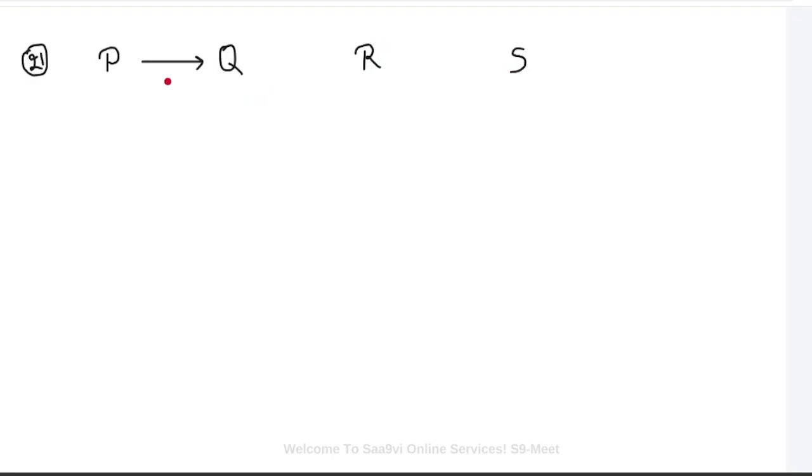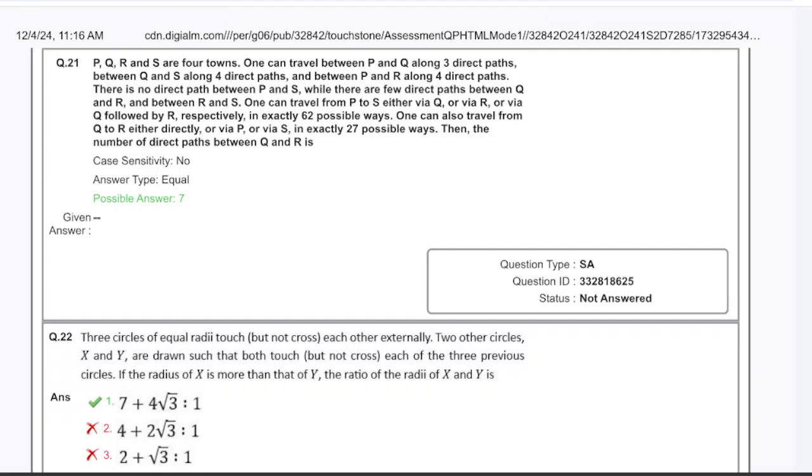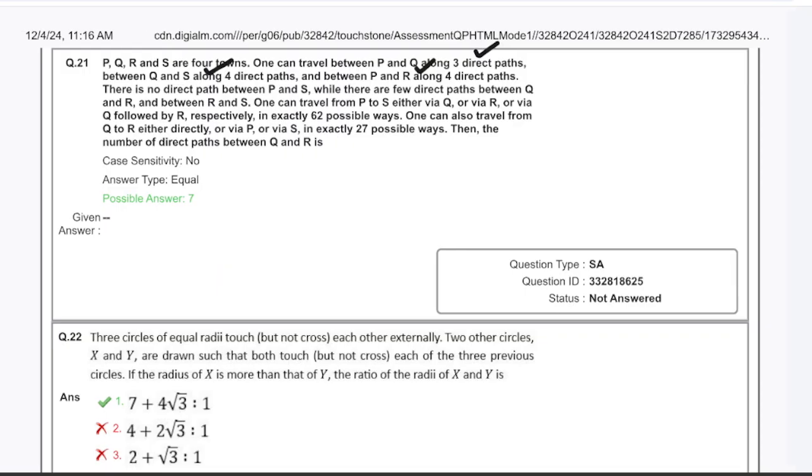They said P to Q, there are 3 paths. From Q to S, there are 4 paths. And P and R, 4 direct paths.